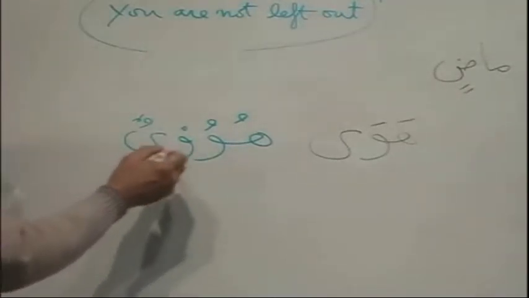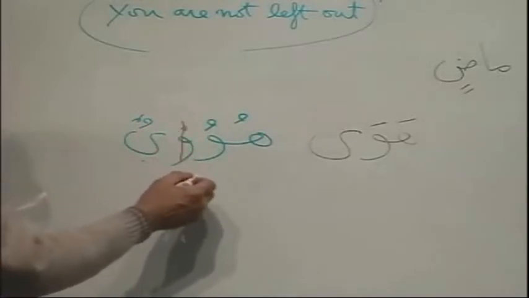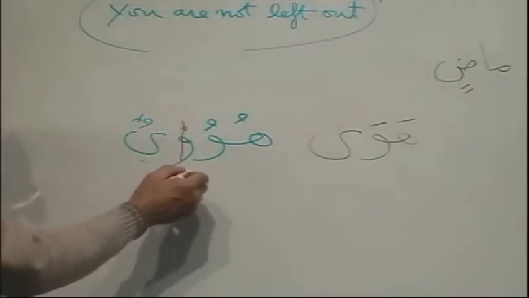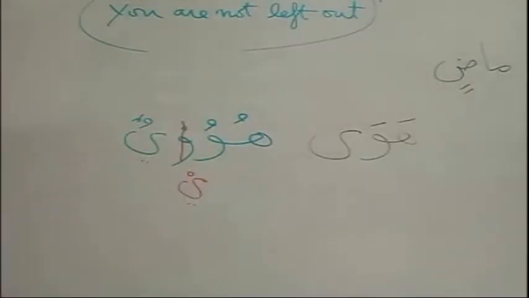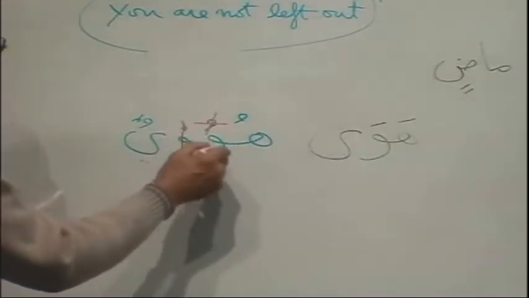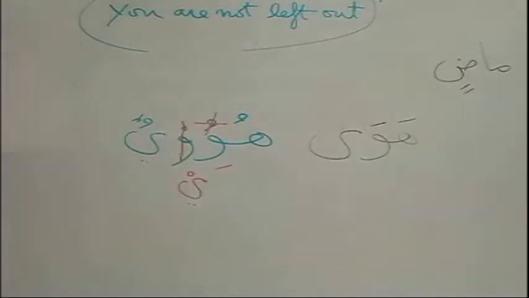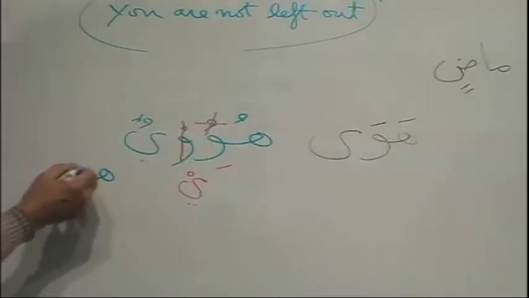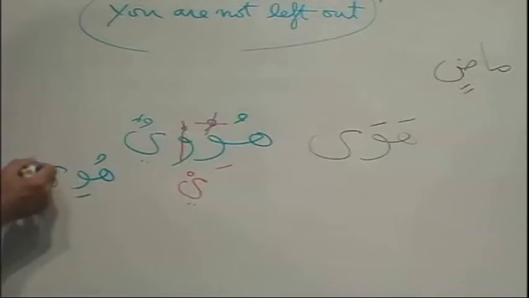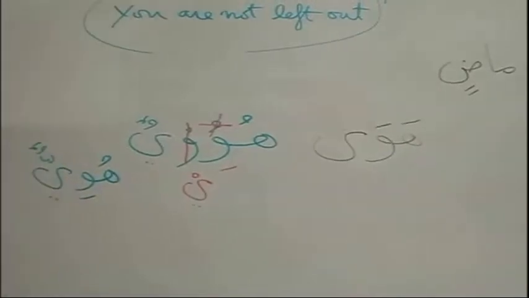Because of this ya, I have to change this into ya. Because of this ya, I have to give a kasra here. What will be the result? Huwi, yun. Got the idea, brothers and sisters?